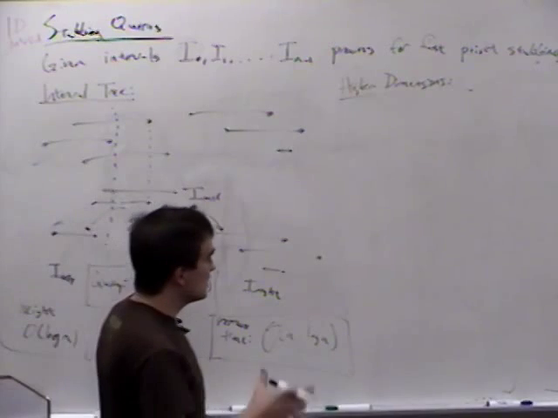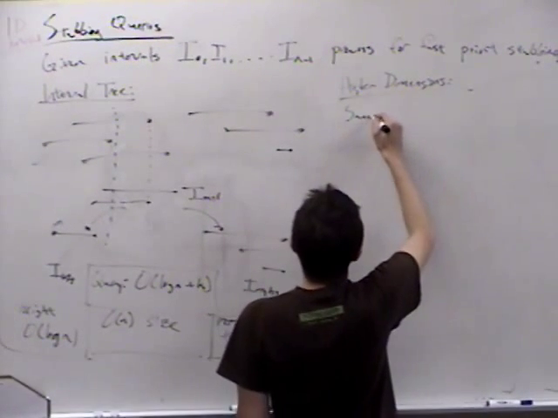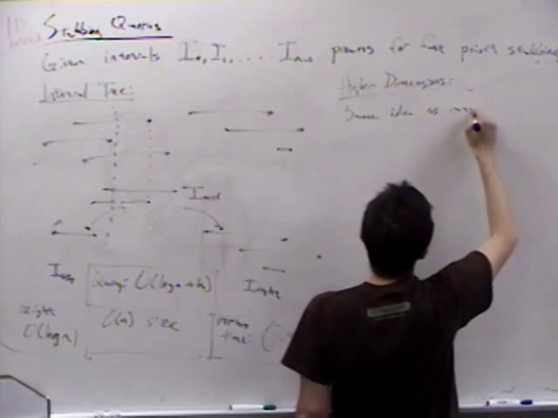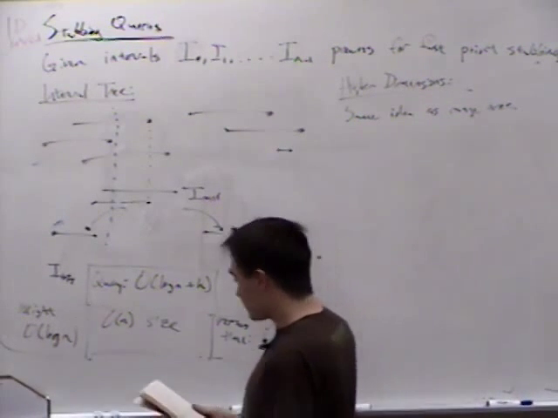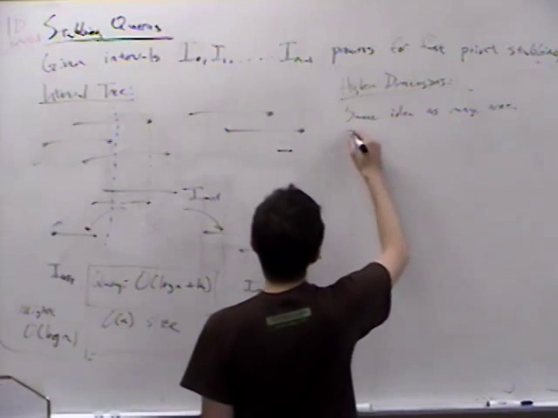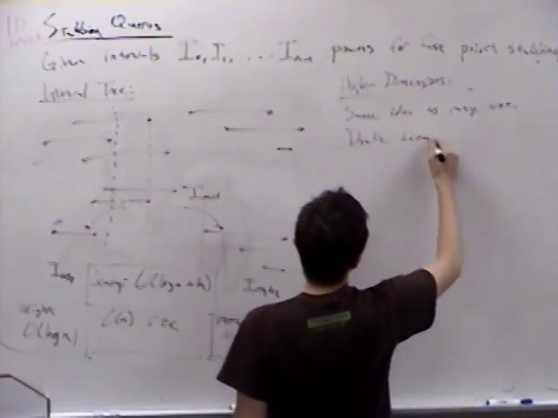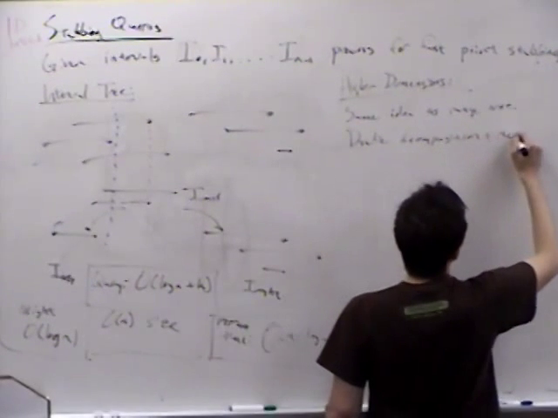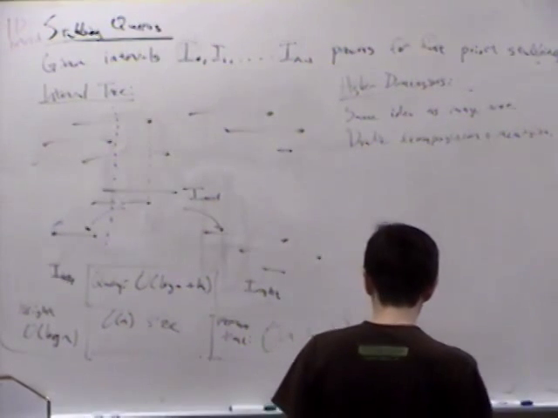So it's the same idea as the range tree: basically dyadic decomposition plus recursion. That's one way to think about what's going on.